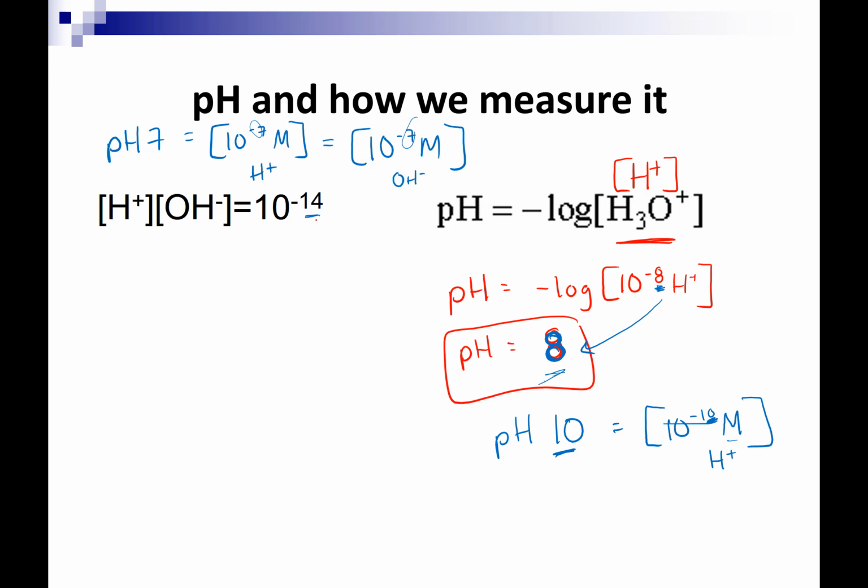So, to put the math more simply, the concentration of hydrogen ions times the concentration of hydroxide is always going to equal 10 to the minus 14.